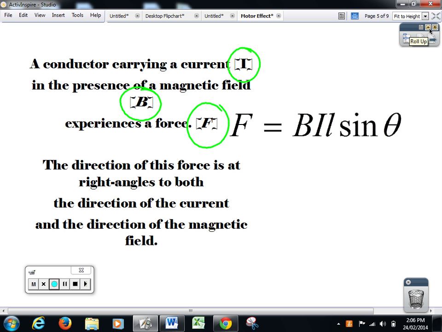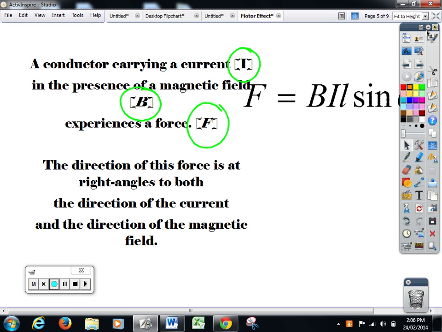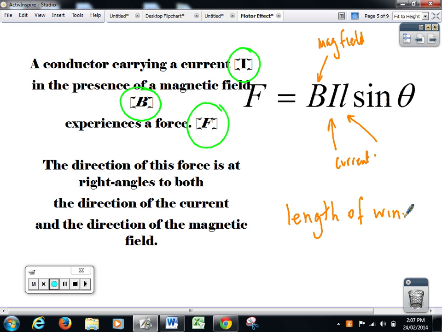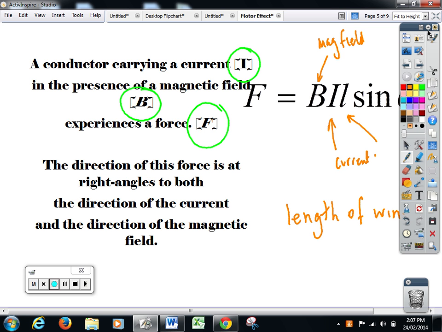We now know what B is. B is the magnetic field. I is the current. And L is the only new bit. L is the length of the wire in the magnetic field. It's the length of the wire, right down here.